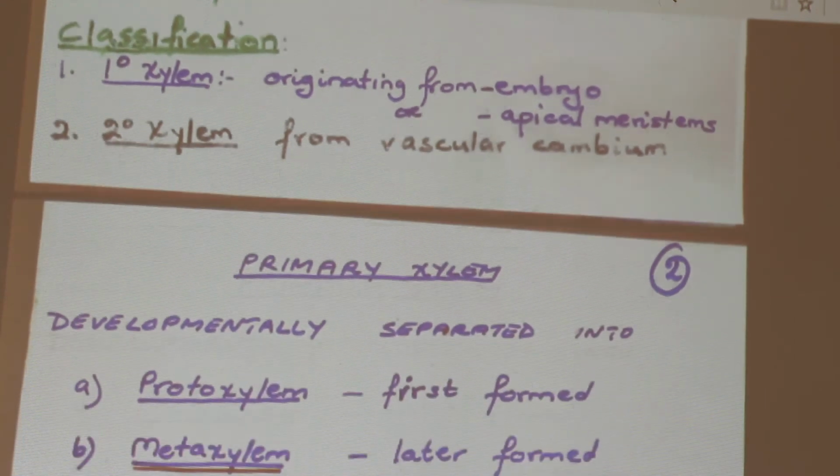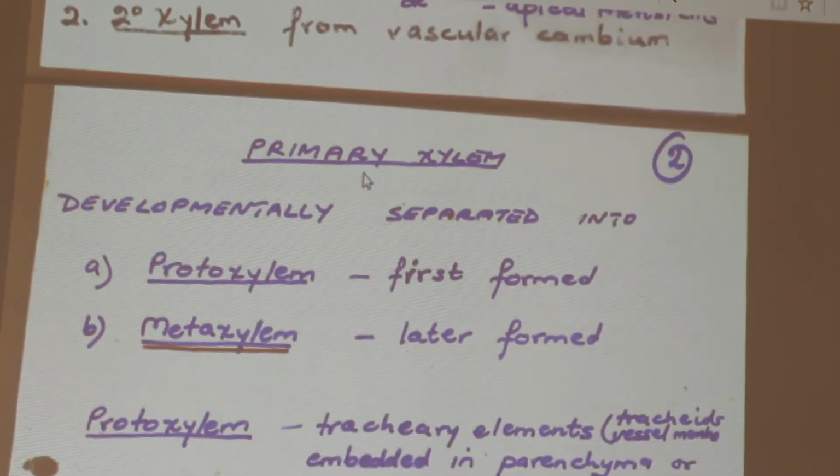Okay. Primary xylem can be separated into two. This vertical growing xylem can be separated into two: protoxylem, first formed xylem, and metaxylem. This is just dividing them by when they came into being.